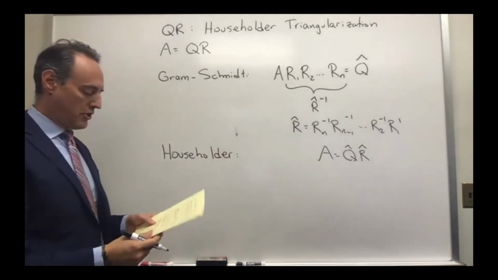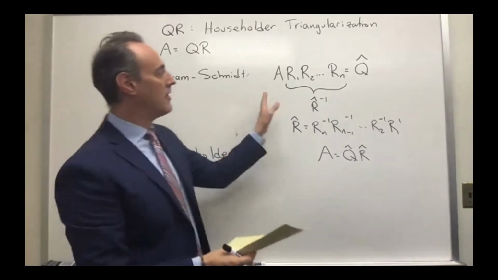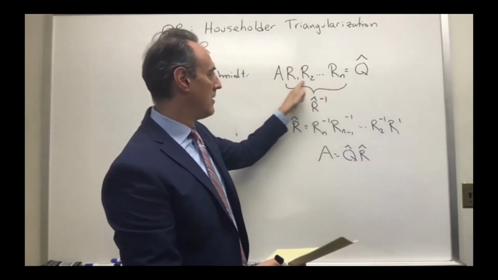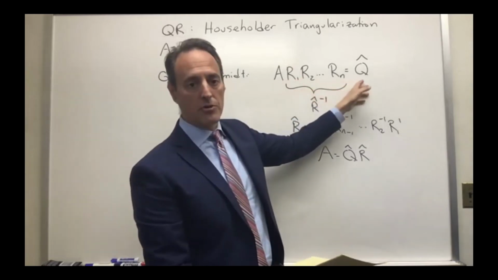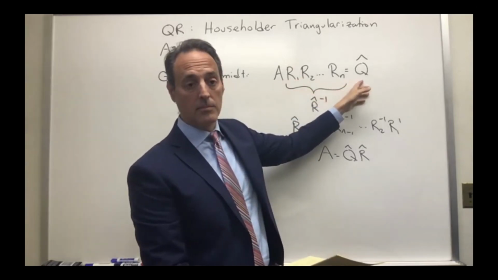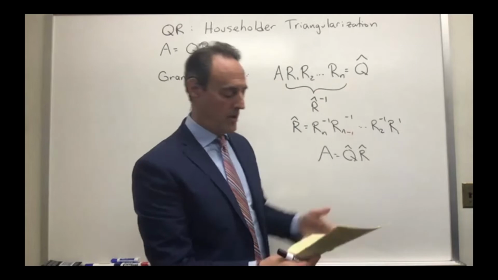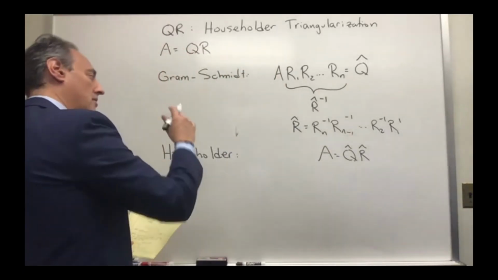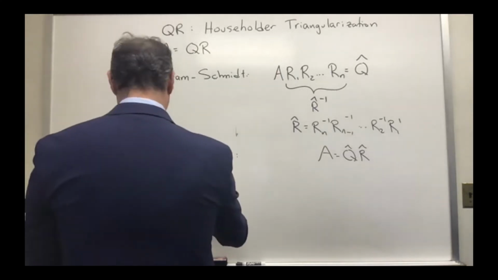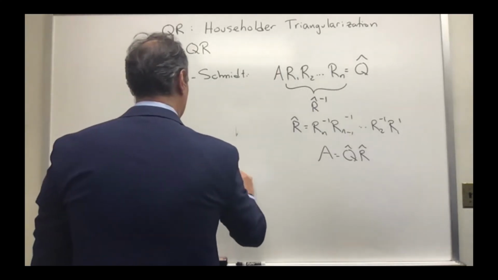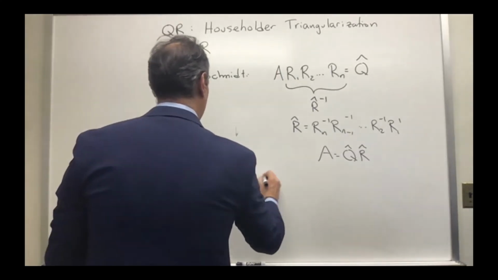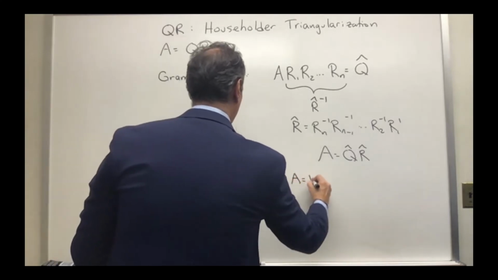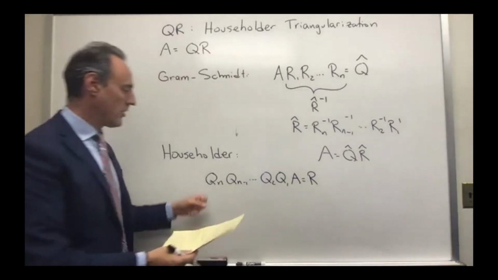What Householder is going to do is, instead of multiplying A by a set of matrices in order to produce orthonormal columns of Q, what we're instead going to do is multiply on the left of A a series of matrices so that this is true.